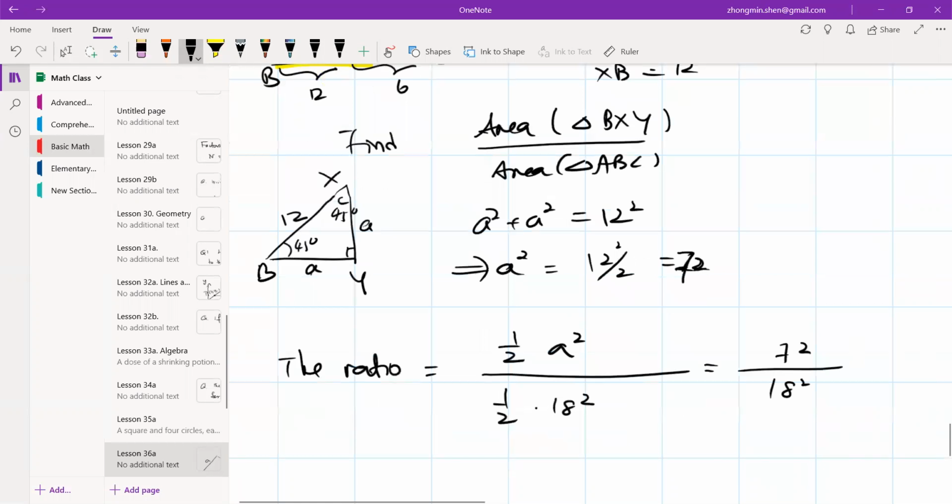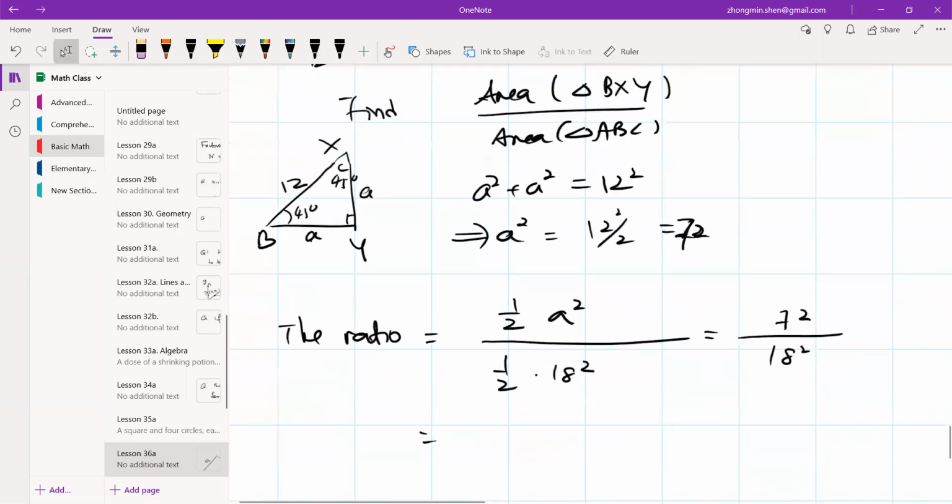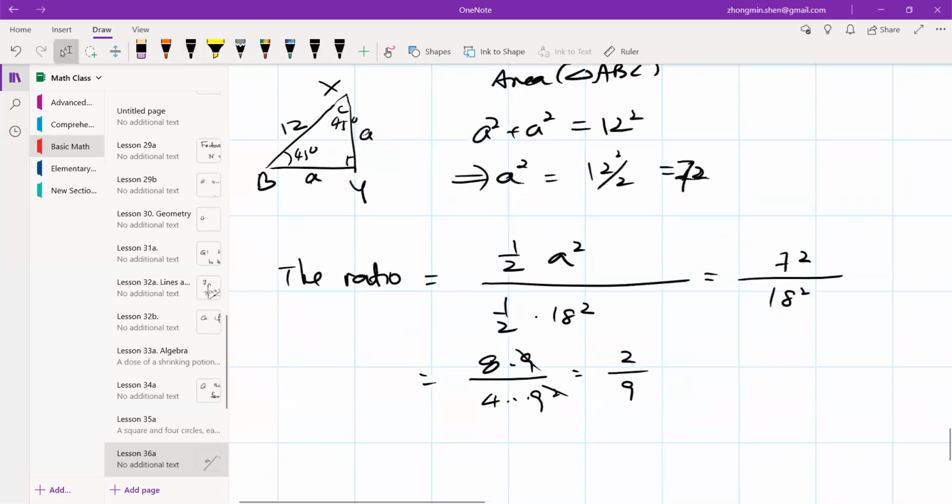Okay. Yeah. 8 times 9. 18 is 2 times 9, so 4 and the 9 squared. So I cancel 9 and I cancel 2 to 9. Oops, who says oops? Alex. Okay. So that's 2 over 9.